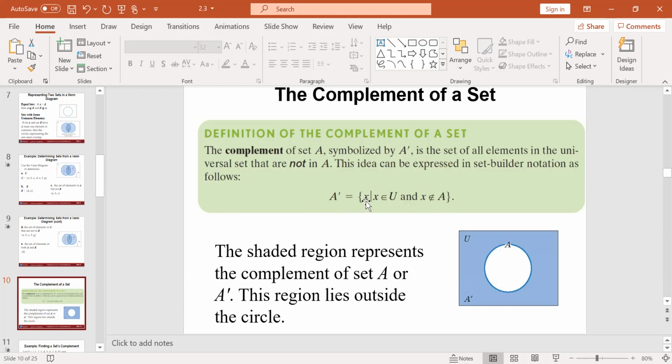A complement is the set of all elements X, such that X is still in the universal set, but also X is not an element of A. It's outside of A. So if you have the universal set as your box, and you have the set A here, the complement of it would be this area outside of the circle that is shaded here. That's what a complement would be.